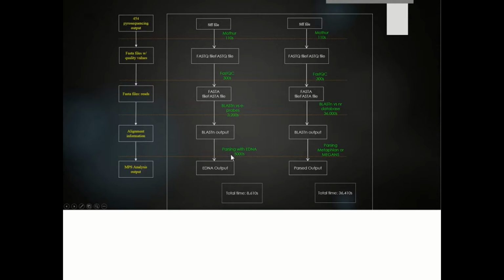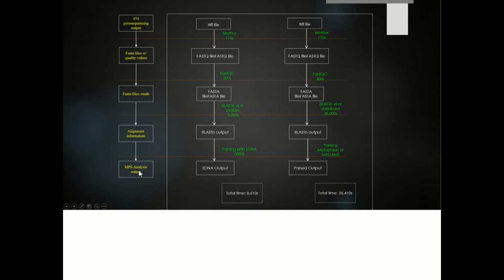In this case, I'm using the T-zone for calling positive or negative. But software like MEGAN5 would try to parse all the data and assign taxons to each of the organisms that we might find there. So the total time with eProbes is around 8,000 seconds, compared to 36,000 seconds or more. You can convert that to 2 hours versus probably 1 day.